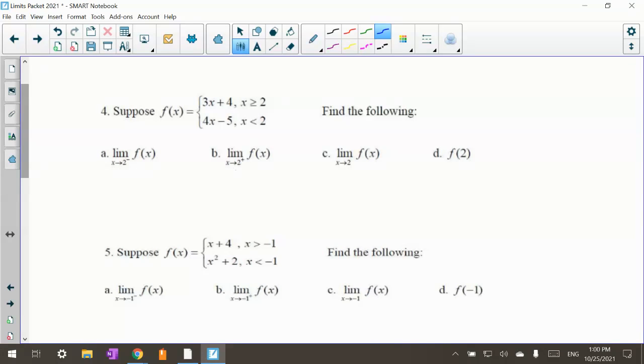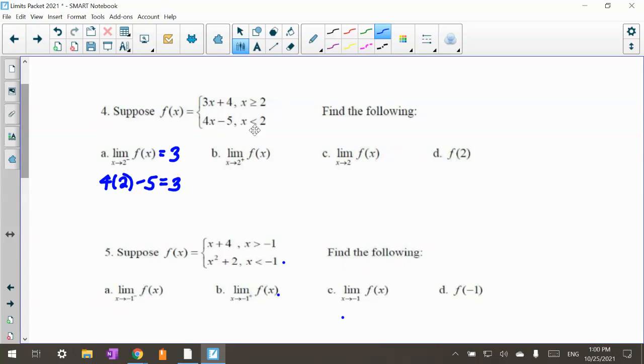With a piecewise function, that's pretty easy because when I come from the left, that's going to be this bottom piece. So I'm going to do 4 times 2 minus 5, and I get a 3. So the limit when I approach 2 from the left is 3 because it's going to approach a y value of 3, even though 2 doesn't belong in this piece.